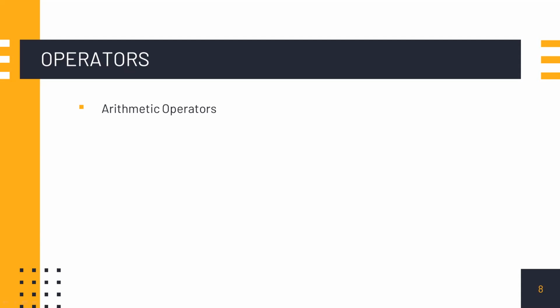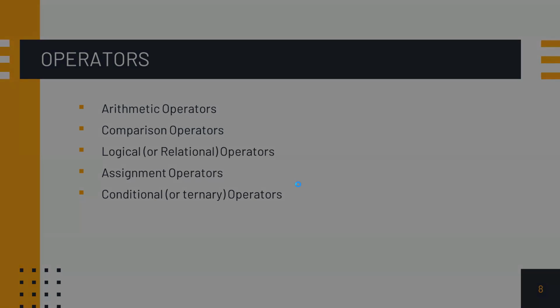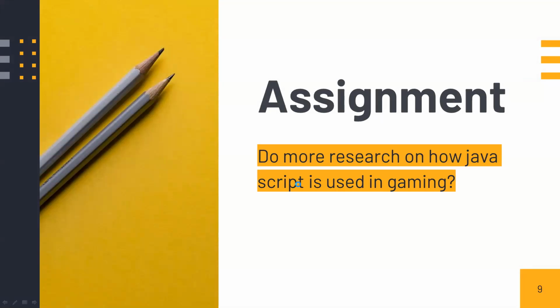The arithmetic operator is the operator we use for calculation, when we want to add something or subtract something. Next are the comparison operator, logical operator, assignment operator, and conditional operator. So we will learn each and everything one by one.